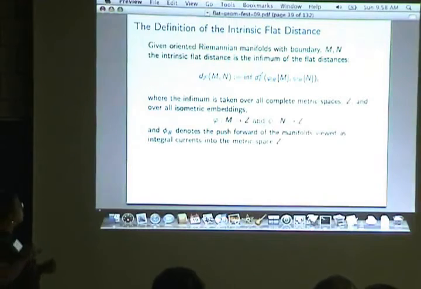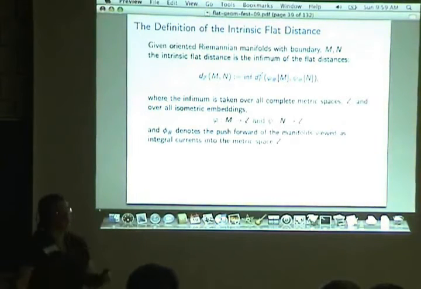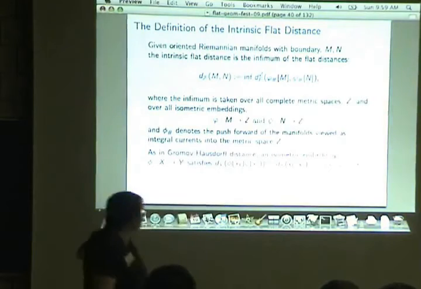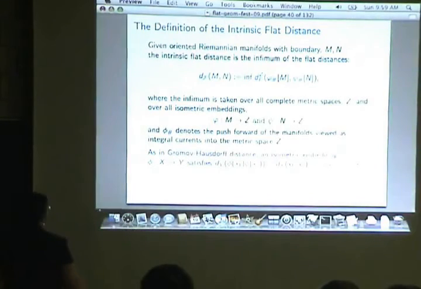That's what that means. So you can think of this as we put M and N into the same space, and then treat them as integration over there. Or you can think of it as pulling back and integrating over here. Either way, it's sort of both going on at once. So you take them, you push them to the same place with an isometric embedding. And let me just emphasize what I mean by an isometric embedding. As in the Gromov-Hausdorff case, we say something's an isometric embedding if it's globally an isometry.